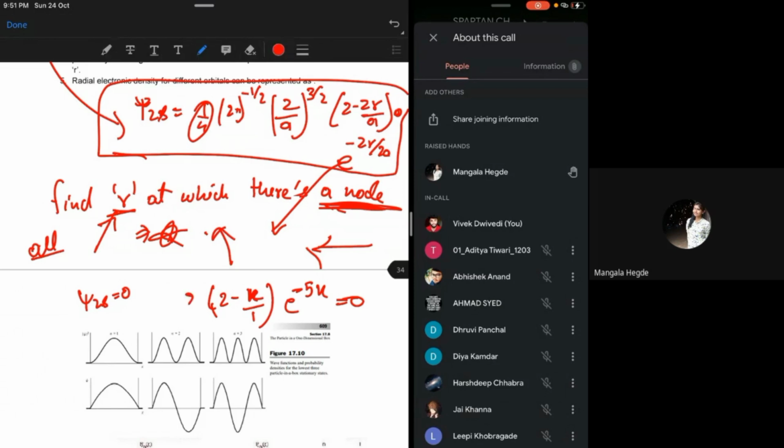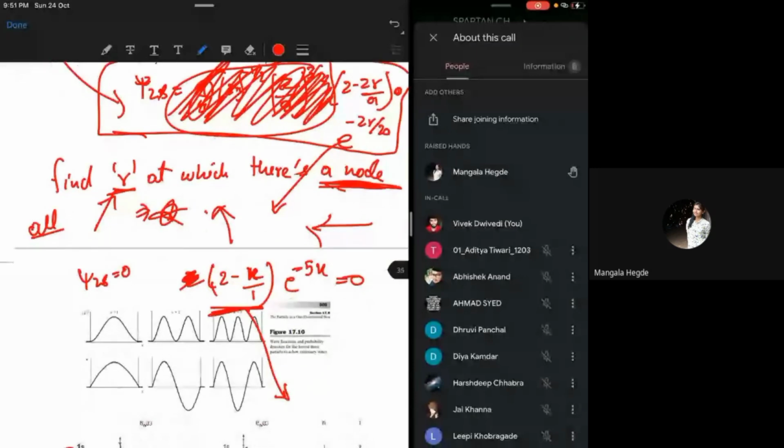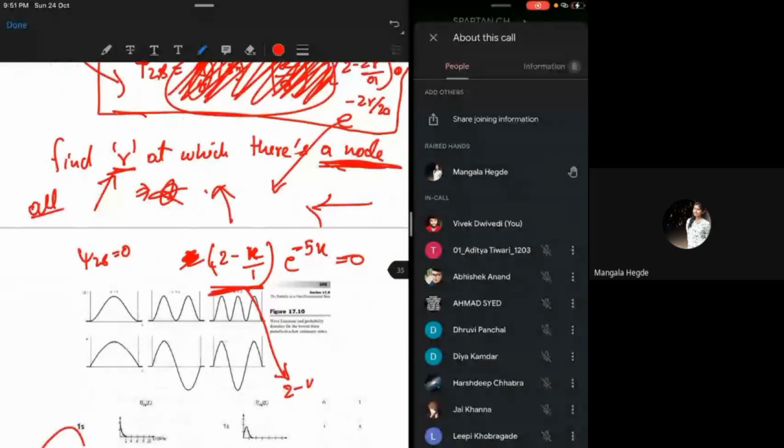Similarly, all of these are constants, and they cannot become 0. But 2 minus x upon 1 can become 0, right? Yes, sir. And can the exponential become 0?